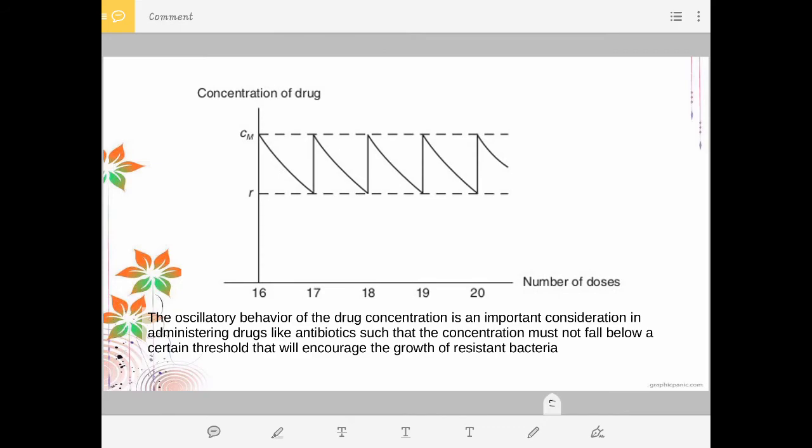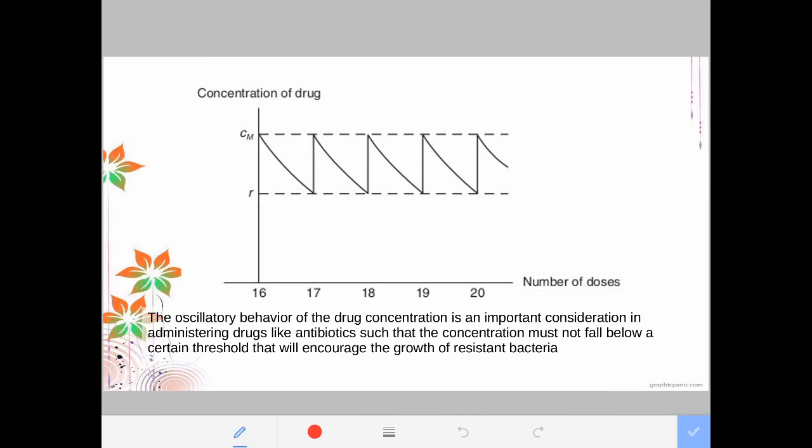That's actually one of the reasons why antibiotics are prescription drugs and we do not want them used willy-nilly. So you have to maintain proper dosage and times of administration such that you do not exceed the upper limit, so that the drug won't be toxic to you. At the same time, you do not want the concentration to fall below the residual concentration, such that the pathogen can develop resistance.